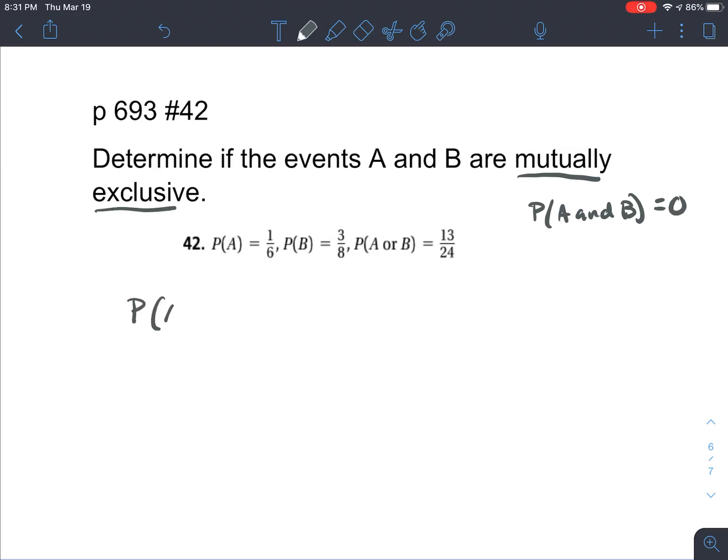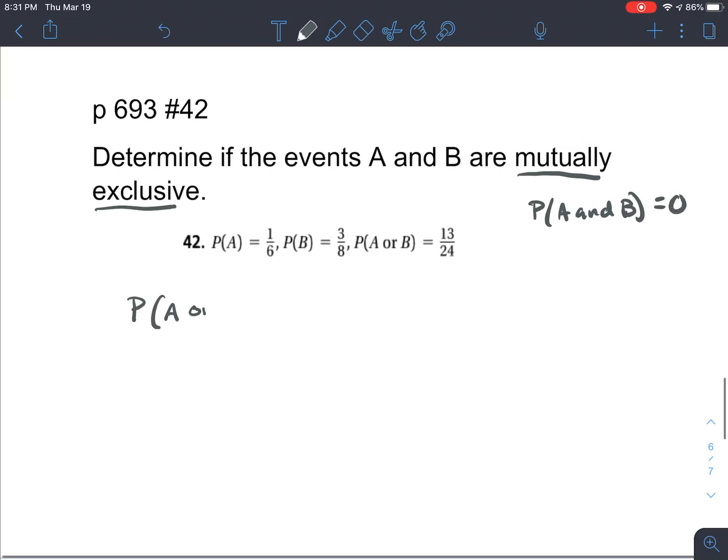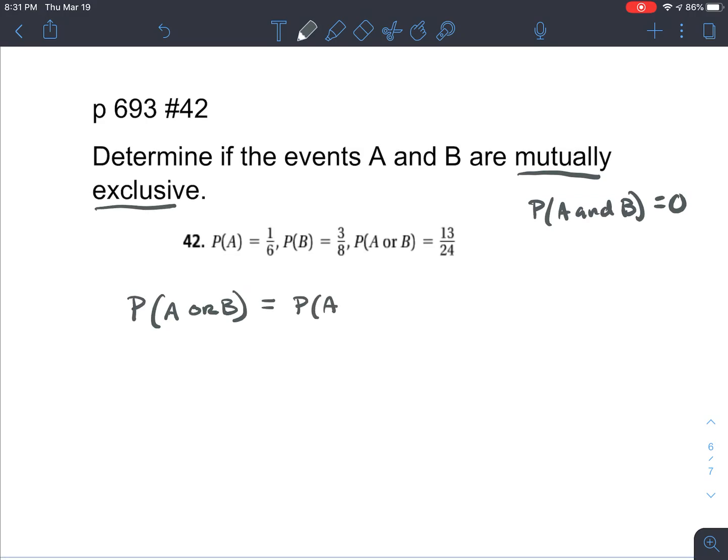So if we think about the formulas that we have, P of A or B is what we're given. Well, that's equal to the probability of A plus the probability of B minus the probability of A and B.